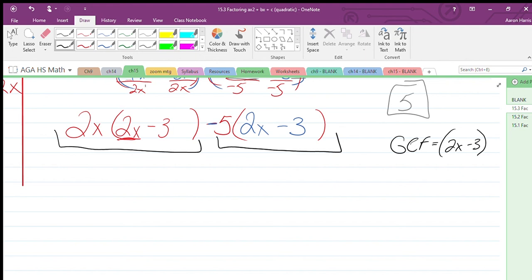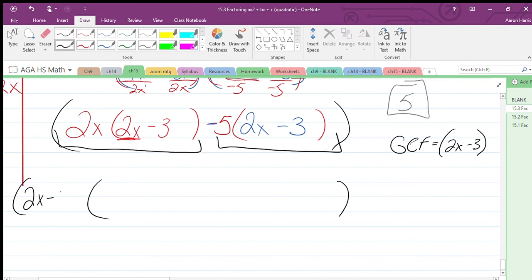So you might have to pull out a negative 1. Okay? So remember what I said. We put it in parentheses. Then we make our own set of parentheses. And we put our GCF out front to the left. Now I divide by my GCF. 2x minus 3. Divide by 2x minus 3.